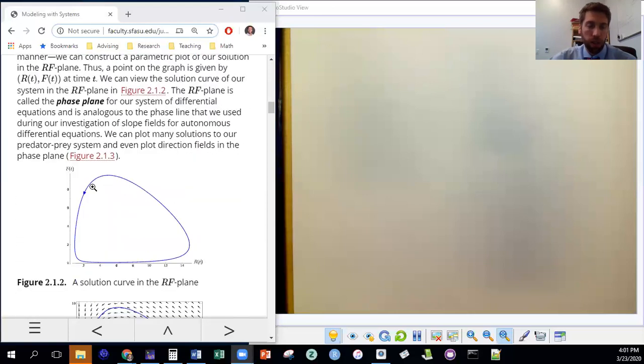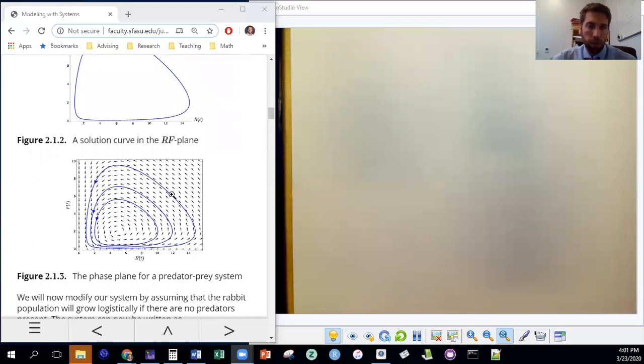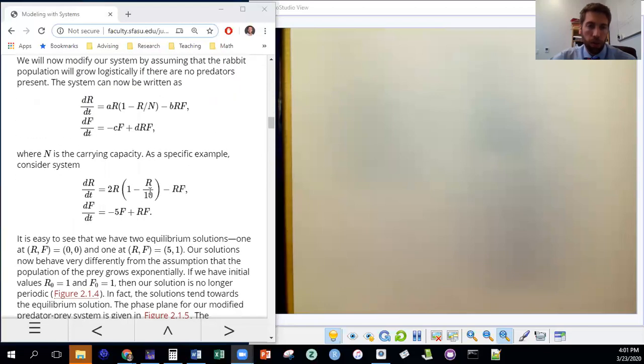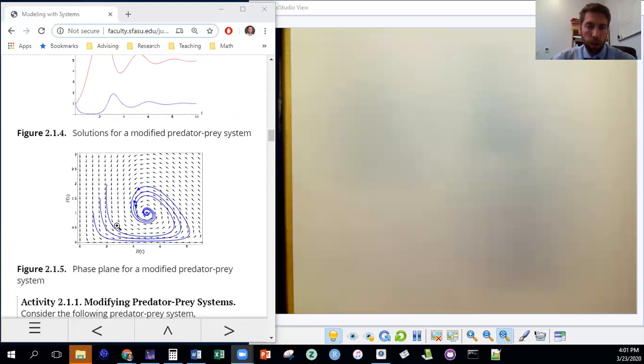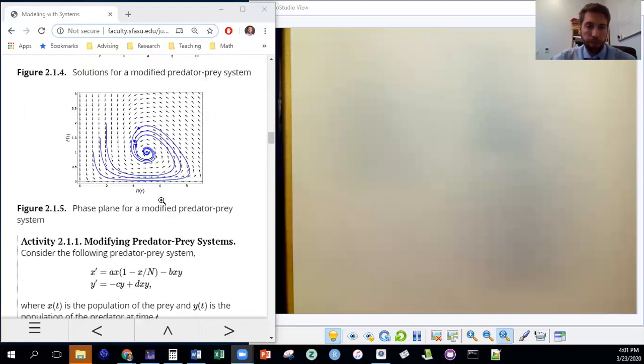You can see it as this kind of motion if you graph rabbits here and foxes here, and you can plot those different possibilities. And then if you make the rabbits grow logistically instead of exponentially, then they level out, and the foxes too, and you get this kind of movement towards equilibrium.